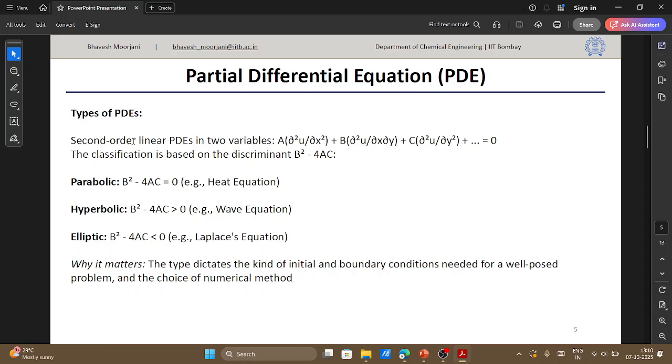If I have a second order linear partial differential equation, written in this particular format where the second order derivatives are assigned the coefficients a, b and c, then based on the value of b squared minus 4ac, you assign whether the function is parabolic, hyperbolic or elliptic.